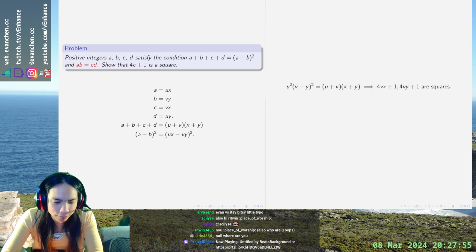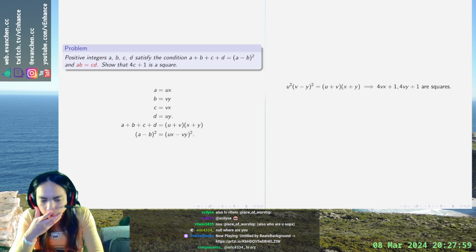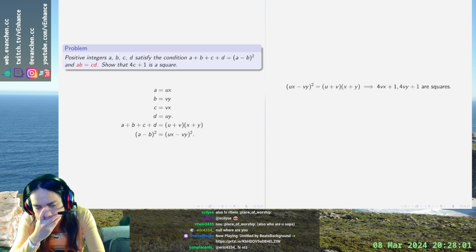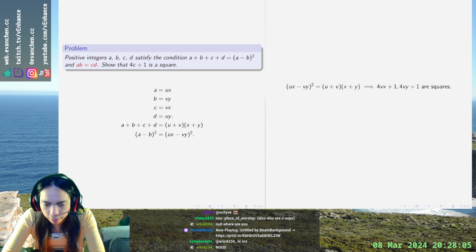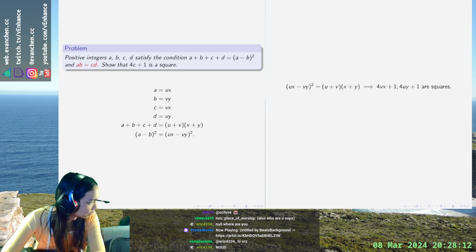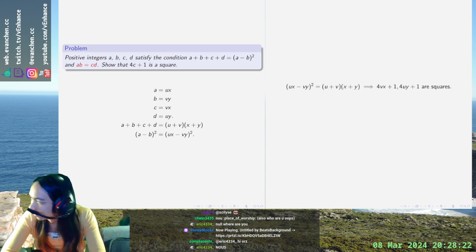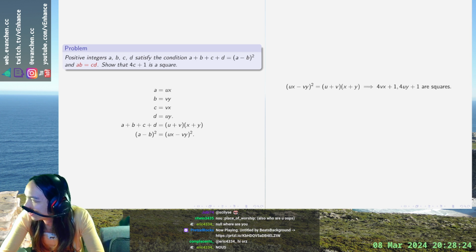Okay, so now I have this thing, and then I want 4vx and 4uy to be squares. Is that equation finally correct now?